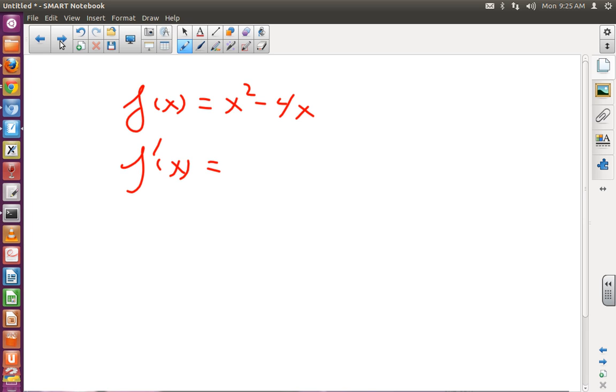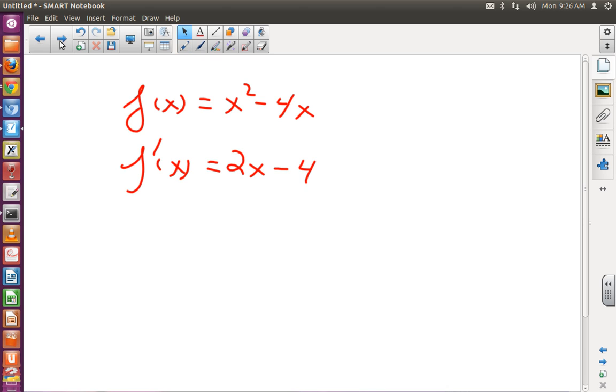We did x squared, it was 2x. You take the exponent down and subtract 1 from the exponent, so it's x to the 1. For negative 4x, the exponent is 1, so bring it down: negative 4 times 1 is negative 4, times x to the 0. And what's x to the 0 anyway? Okay, that was easy.